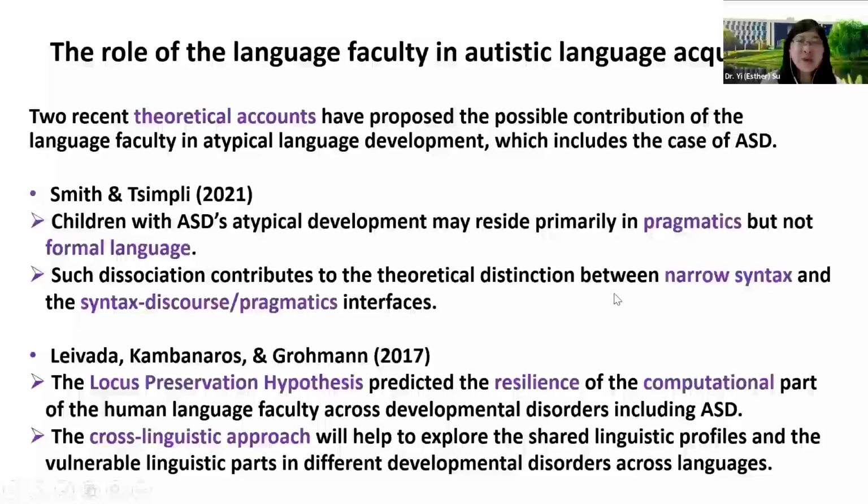So these are some of the theoretical papers discussing the possible contribution of the language faculty in atypical language acquisition, including ASD.